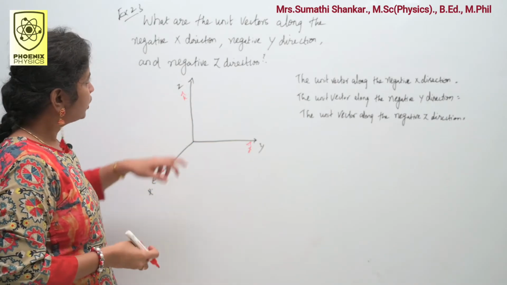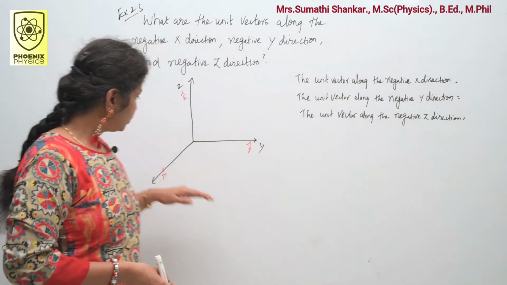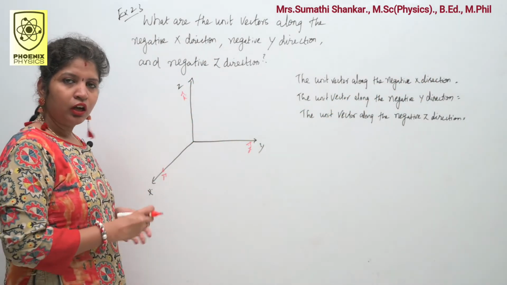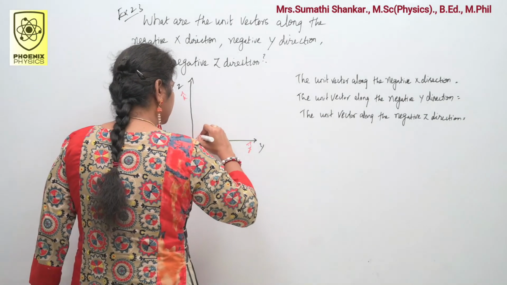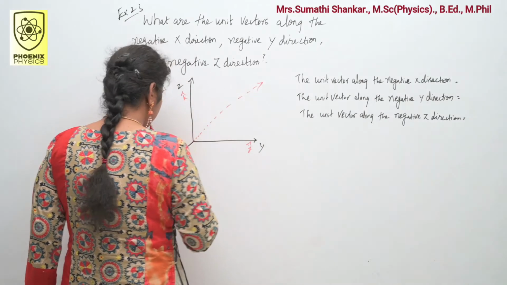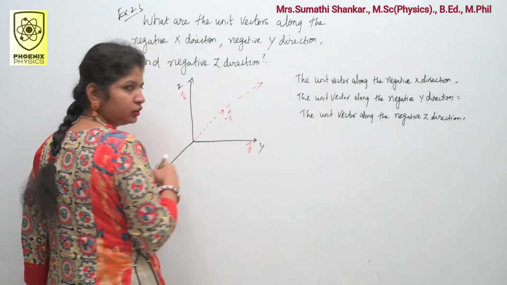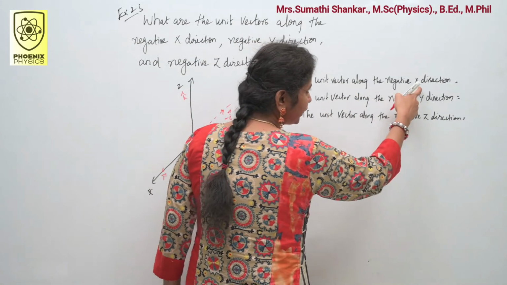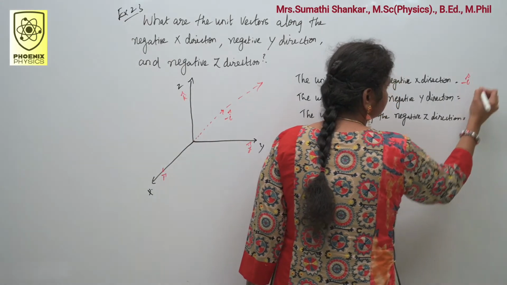Our question is the unit vector along the negative x direction. This is the positive x direction. How do you draw the negative x direction? Like this. So this is i, which means this one is minus i vector. The unit vector along the negative x direction is minus i vector.